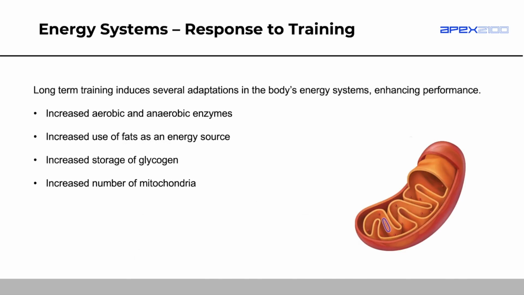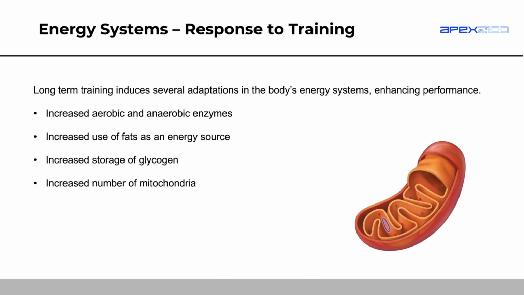Okay, so in terms of response to training, long-term training creates several adaptations in the body's energy systems. It also creates adaptations outside of the body's energy systems, but here we just look at the energy system adaptations, which enhance performance and endurance, listed below.